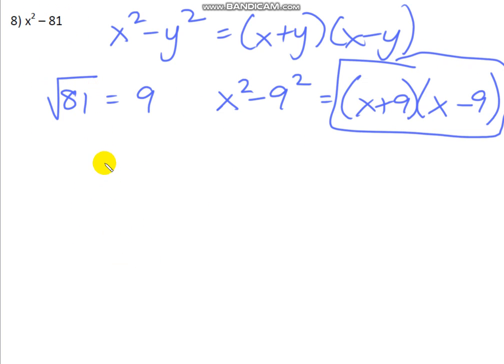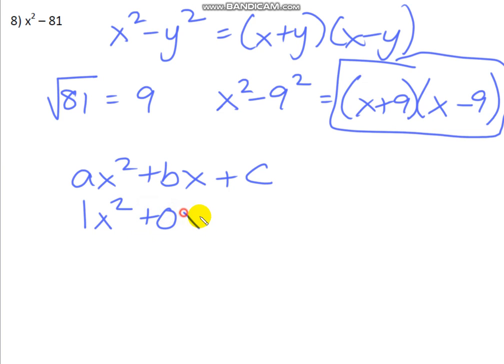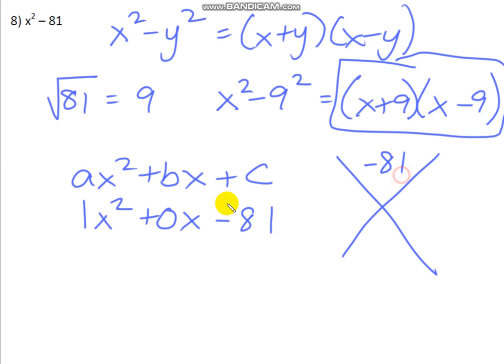So again, if you look at this, the quadratic formula has the form ax squared plus bx plus c, where this would be 1x squared. Bx is a 0, b is 0, and then c is going to be a minus 81. Okay, so if you did the x method, you're finding two numbers that multiply to negative 81 and add up to 0.